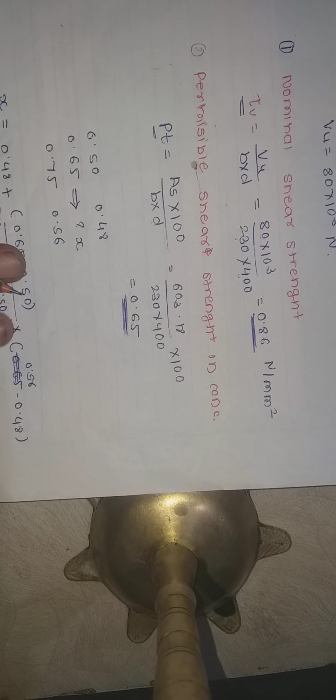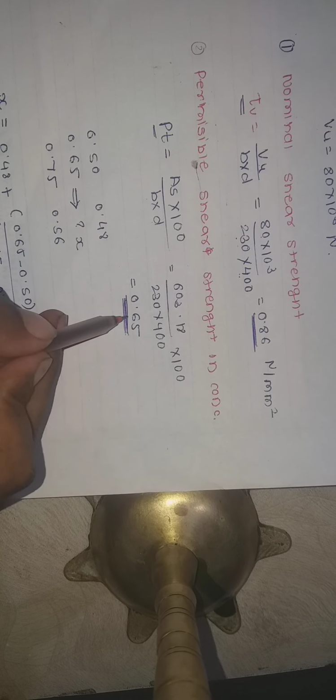In the IS code, IS 456-2000, table number 19, 100 As upon bd. Our value is 0.65, which is in between 0.50 and 0.75.